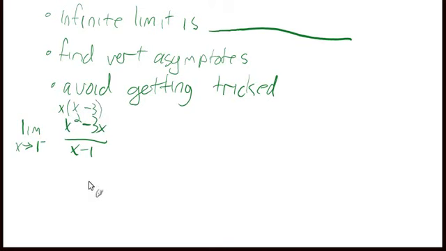Now, is it a hole? Do we have a situation from before, like where we found a simpler function and canceled that out and you plugged it in and everything was wonderful? No, it's not a hole. Okay, so we do have a vertical asymptote. So it just remains, what are we doing here? What are we approaching? So let's see.